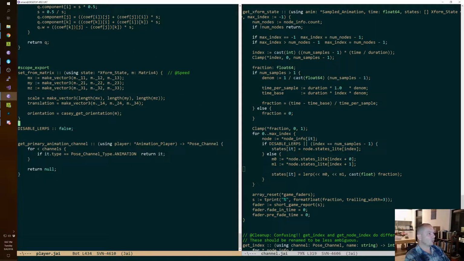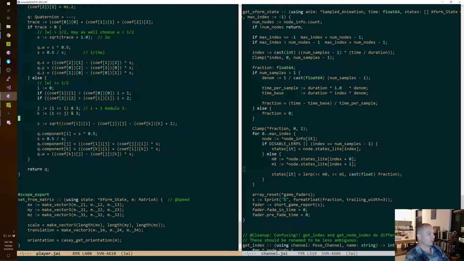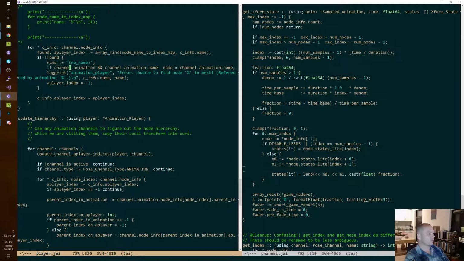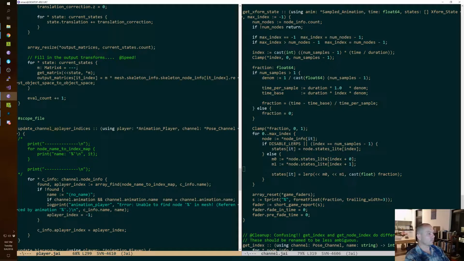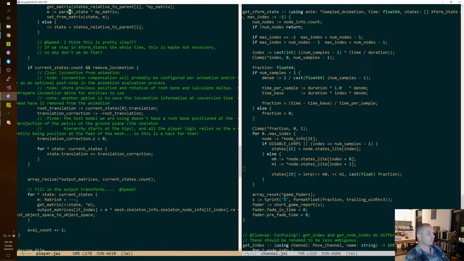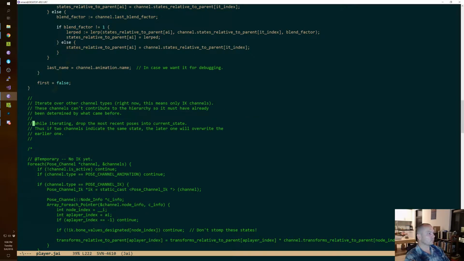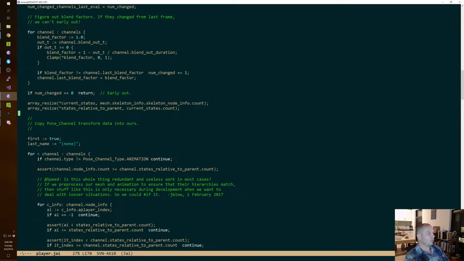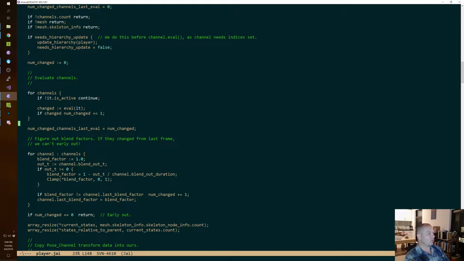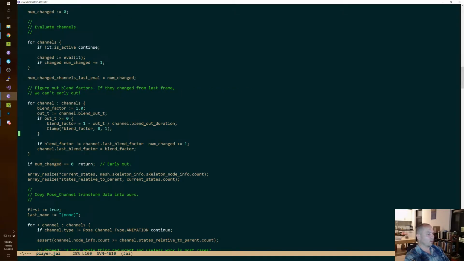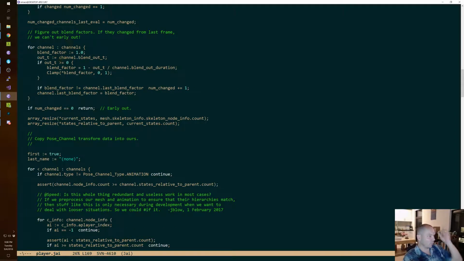We do a bunch of things for that. All of this animation code, by the way, is ported from The Witness, which is a later version of stuff that I wrote earlier.